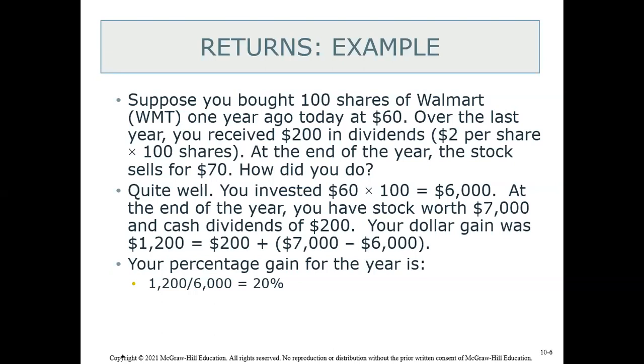At the end of the year, your stock is worth $7,000. So the dollar capital gain return would be $1,000. During the year, you received dividends of $200. So your dollar income component would be the $200. So you received $1,200 of return for a $6,000 original investment. So $1,200 divided by $6,000 is a 20% return on investment.